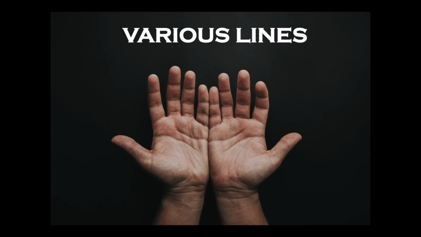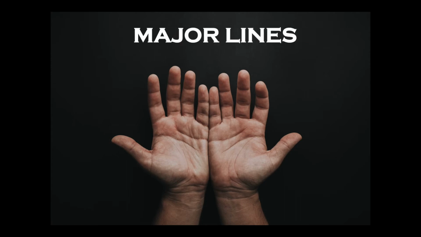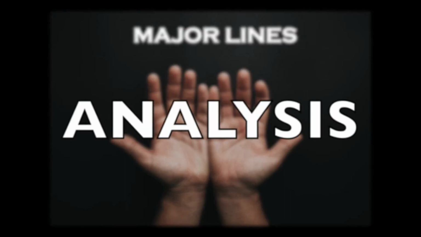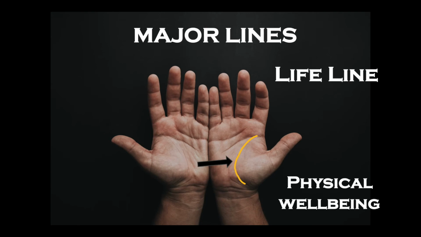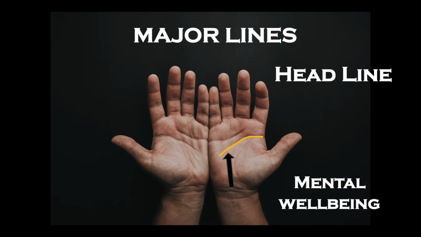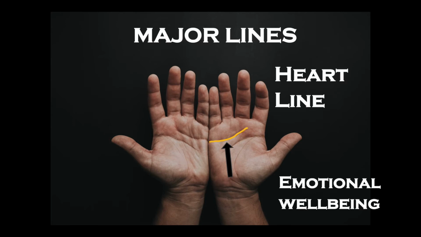We know that there are various lines on our palms, but we consider only three lines as major lines, which are important for analysis. That is, lifeline, which represents the body, headline, which represents the mind, and the heartline, which represents the emotions.